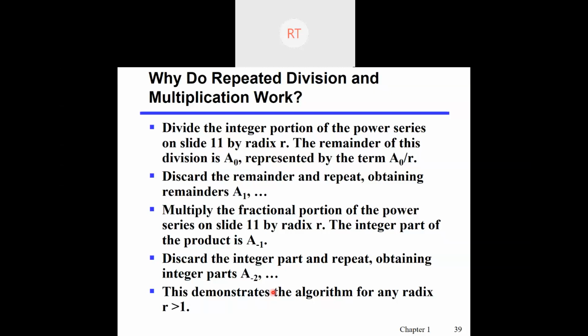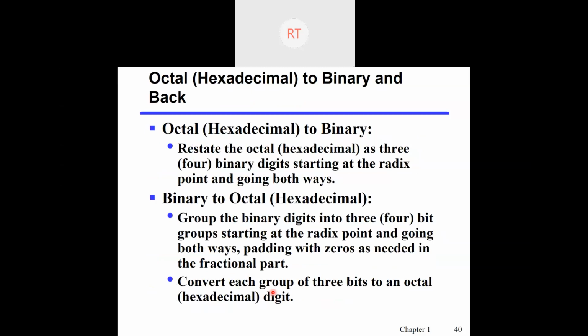Okay? So you divide the integer portion, you multiply the fractional portion. Is the idea clear? In octal, you have 3 digits. We agreed, moving from octal to binary, you have to take 3 digits. From binary to octal, you also group your answer into 3 bits.